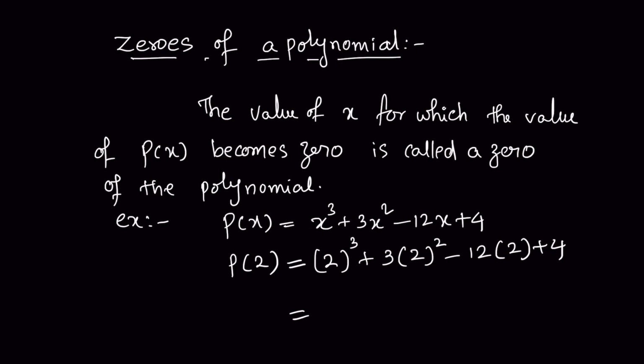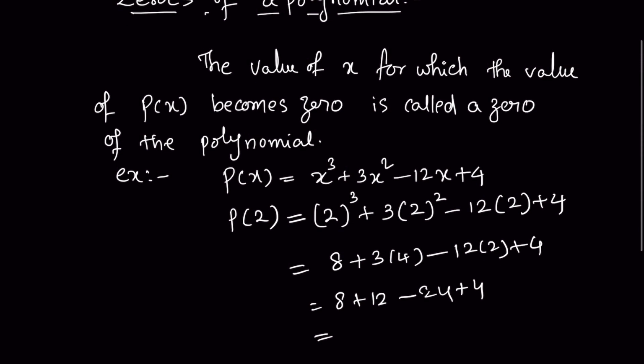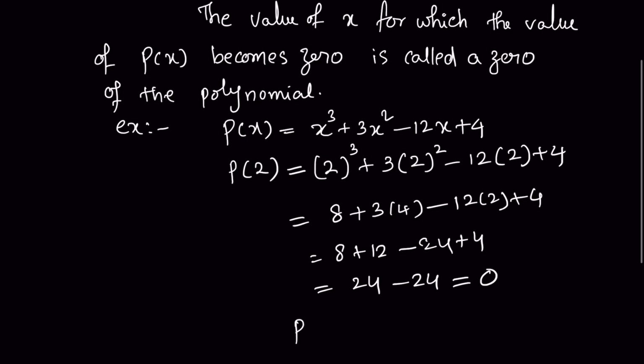Let us find the value of this. 8 plus 3 into 4 minus 12 into 2 plus 4, that is 8 plus 12 minus 24 plus 4. The value of this is 20 plus 4, 24 minus 24. Finally, p of x is 0.